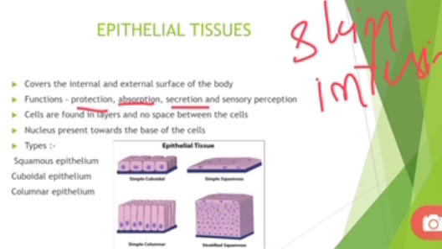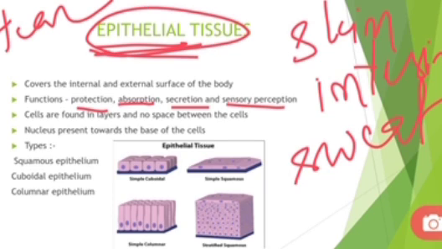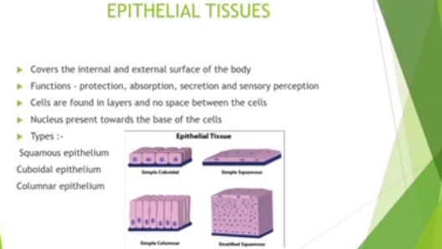Then secretion. Our body secretes tears and sweat, and this secretion is also done by epithelial tissues. Then sensory perception, the sense of touch, or when our body senses something, is also done by epithelial tissues. So these are the four functions of epithelial tissues.